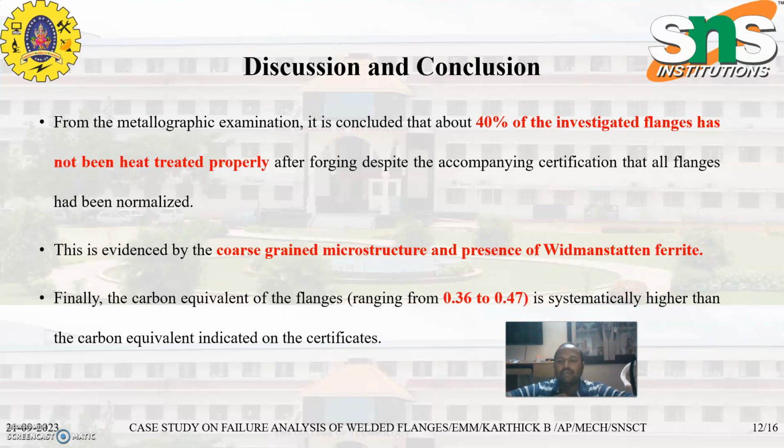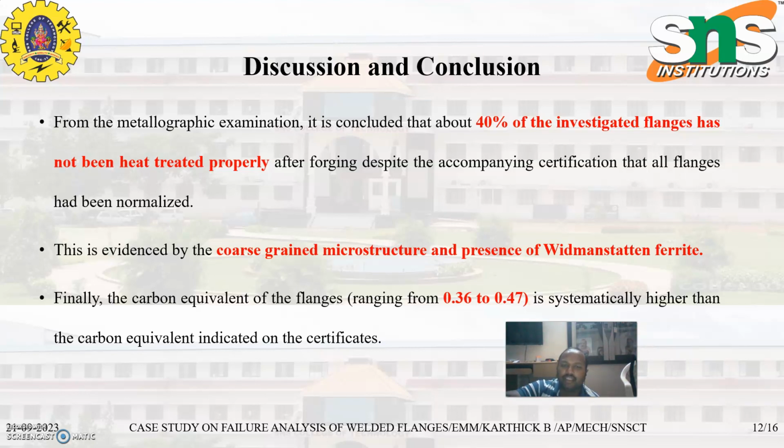So there may be formation of coarse grain structure, which leads to a decrease in the material properties. In the next evidence, these coarse grained microstructures are nothing but the presence of Widmanstatten ferrite. This Widmanstatten ferrite, or the coarse grain structure, reduces the mechanical properties.